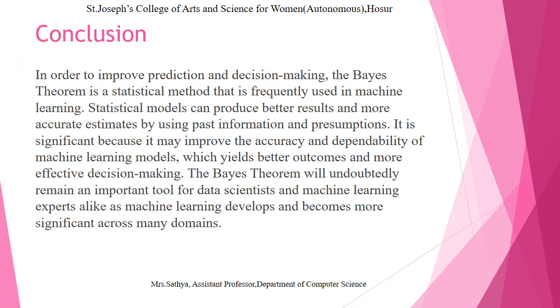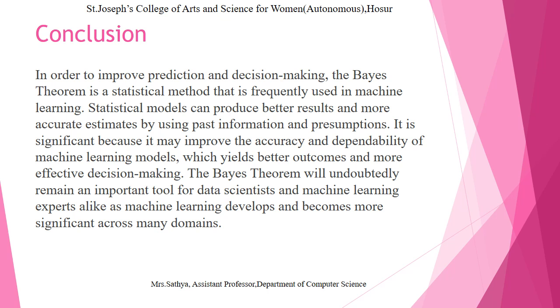So we have to conclude the session. Bayes theorem is a powerful statistical tool that helps update probabilities using new evidence. It plays a central role in machine learning, especially in classification and decision making systems.